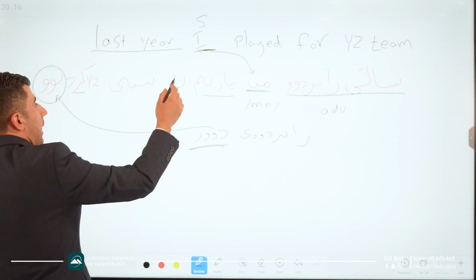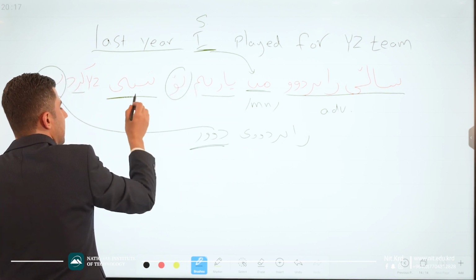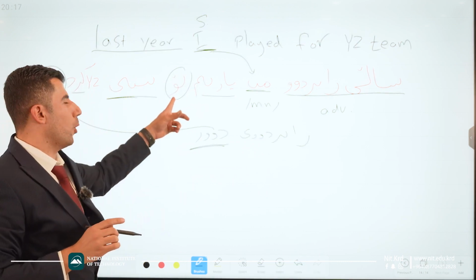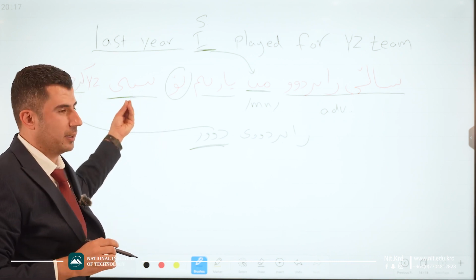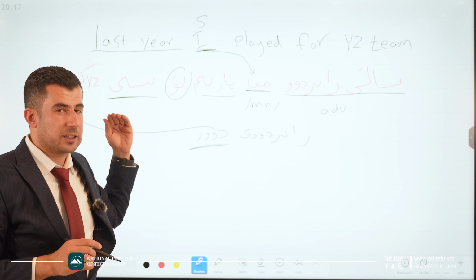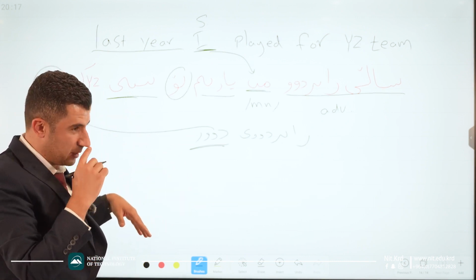I played for YZ team. Bo, team. I told you after bo, ba, la, if we have anything, it becomes tawakari bayarida. It is not an object here.